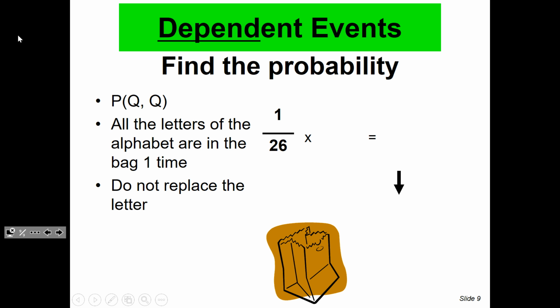And how many Q's are in the bag? 0. So 0 out of 25 chance. So 1 times 0 is 0, and 26 times 25 is 650. But 0 over 650 is just 0. So the likelihood of you being able to draw Q and then Q again is not possible. There's only one Q in it.